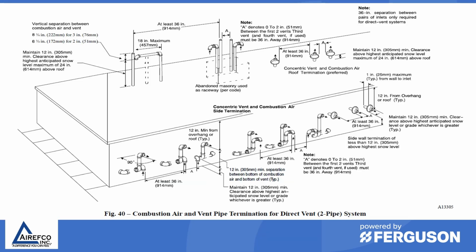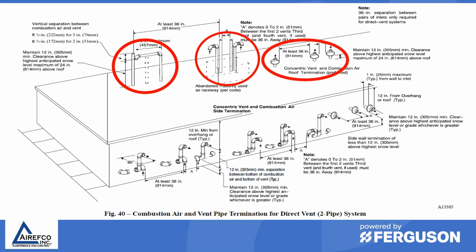Most major manufacturers of 90% furnaces have two different ways to vent the furnace to the outside air: drawing combustion air in from outside and venting the products of combustion to the outside air. There is the two-pipe type of termination, which can be in different configurations depending on how many furnaces you have in the space. And then there's also the concentric type.